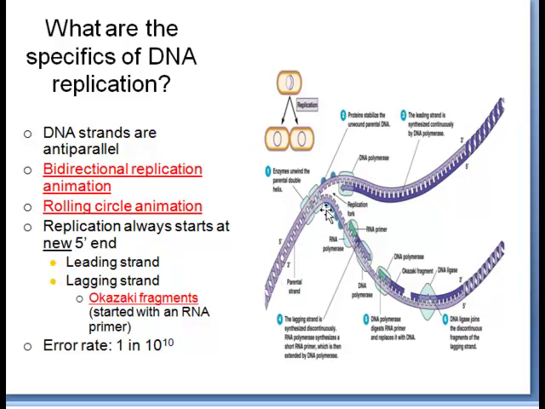The lagging strand will be formed in segments. Each segment is called an Okazaki fragment. The Okazaki fragments start with an RNA primer, which is later converted to DNA nucleotides. There can be certain errors in replication, but a very, very slight chance. So I want you to watch this animation on DNA replication on web study, and make sure you understand each portion of this.